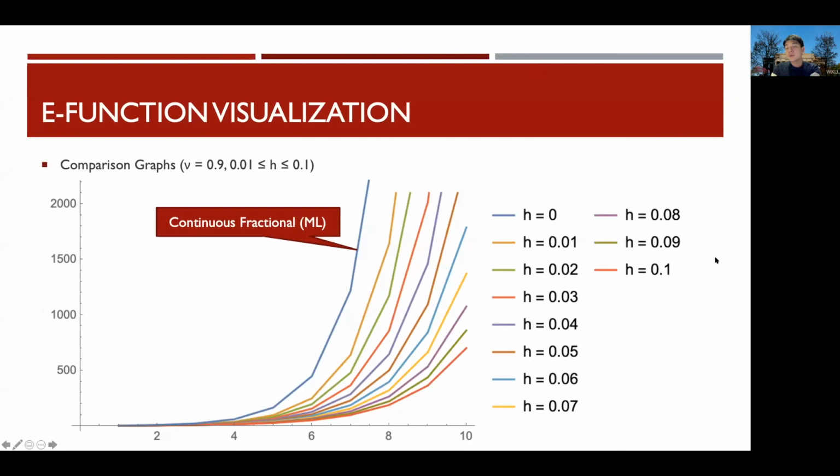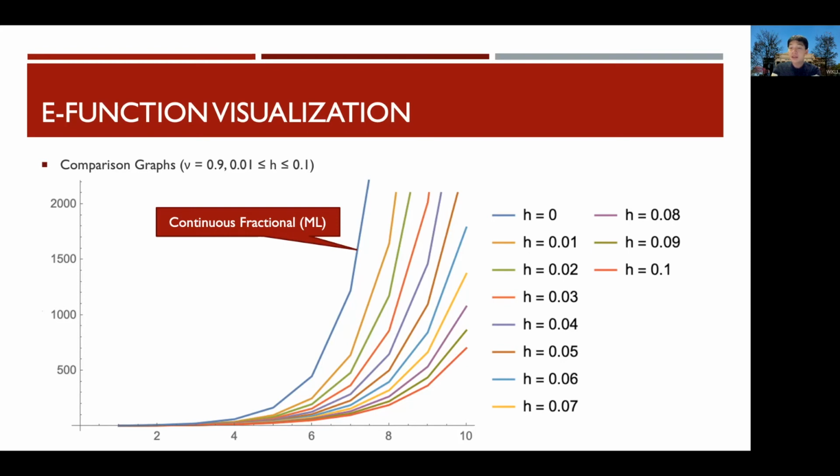As Dr. Atici was speaking about, we also have a discrete version of the continuous Mittag-Leffler type functions. We get similar results: as our parameter h gets closer to 0, with the discrete domain, we get closer and closer to the continuous results for our Mittag-Leffler. I termed this the E function because our discrete Mittag-Leffler type function is denoted with an E with several parameters.